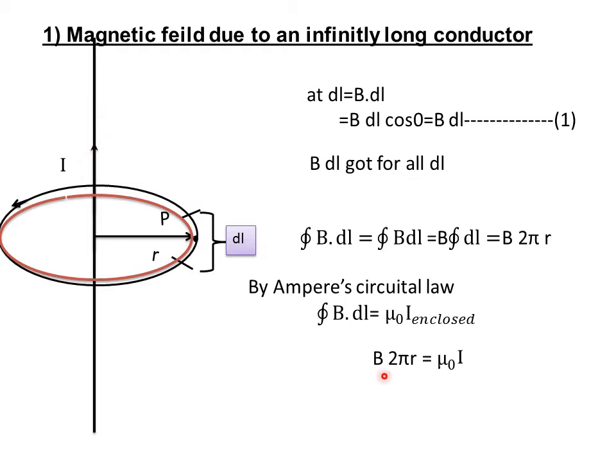So, we have B into 2 pi r is equal to mu 0 into I. Now, we are going to take 2 pi r downwards. Now, we have B is equal to mu 0 I by 2 pi r. So, this is the equation for magnetic field due to an infinitely long conductor at a distance r from the conductor.